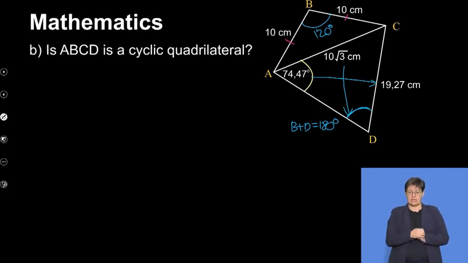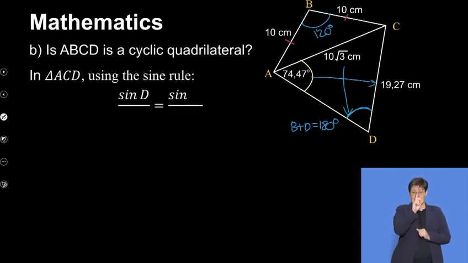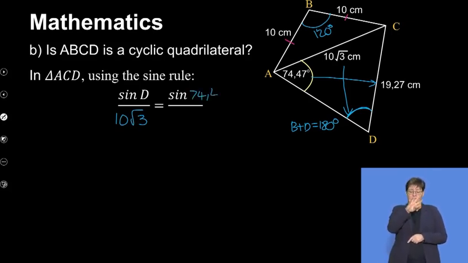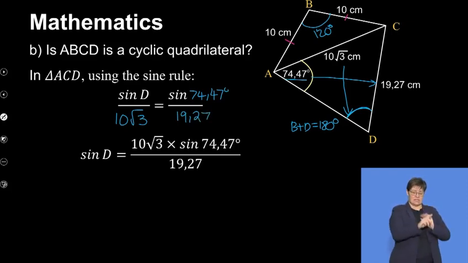So we're going to begin by saying sine of D over the side across it, and the side across that is 10 root 3, is equal to sine of the angle we are given here, over the side across it, and the side across it is 19,27. Okay, rearranging slightly so we can do the algebra. We're going to get 10 root 3 times sine 74,47 divided by our denominator.